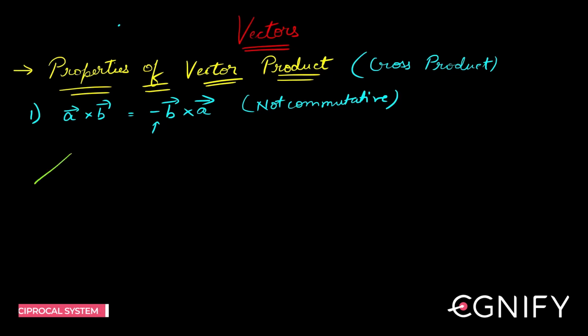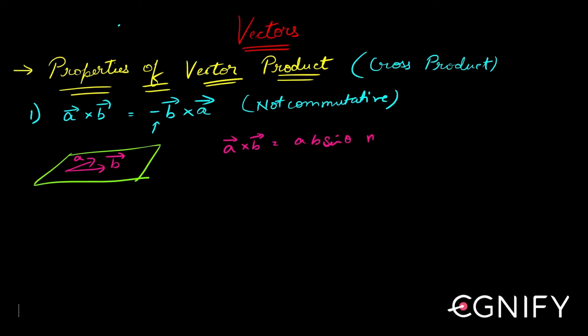If I have a plane which has two vectors A and B, first of all, what is A cross B? A cross B is nothing but AB sine theta n cap, if the angle between them is theta.